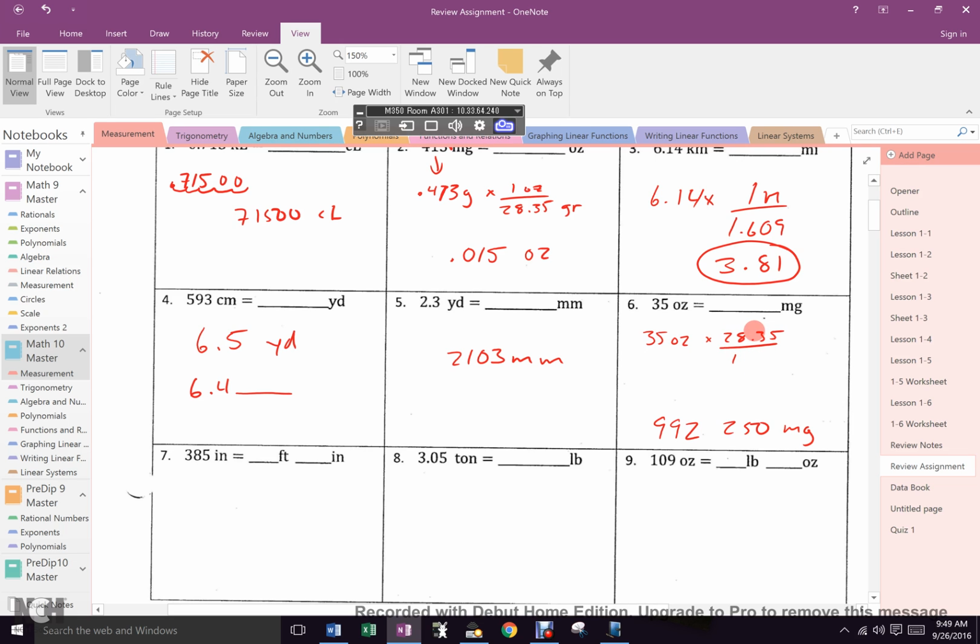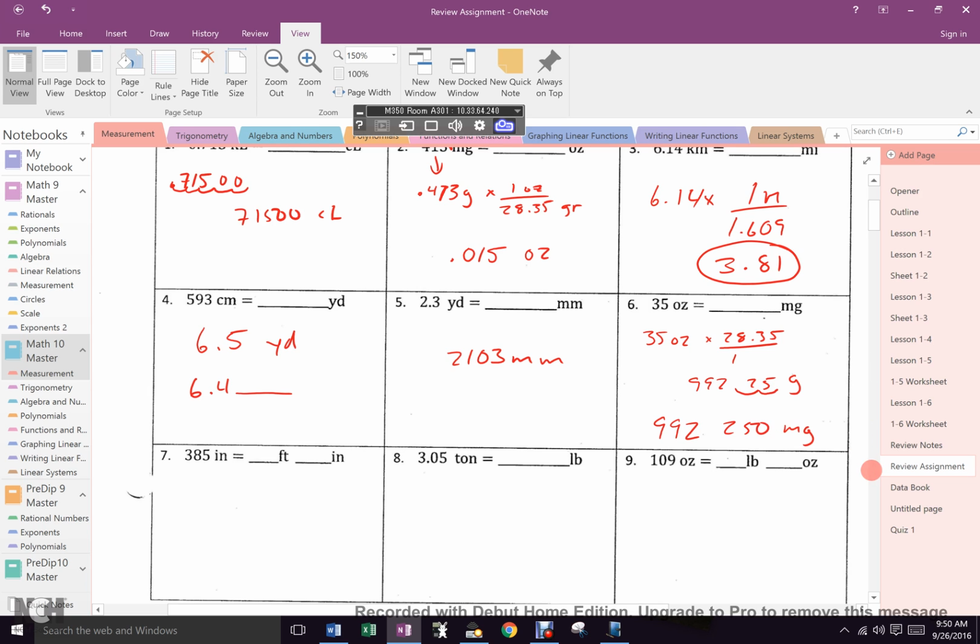So this is multiply. 35 times 28 got me 992.25 grams, yes? But I don't want grams, I wanted milligrams, so I had to move the decimal 3 spaces. 1, 2, and what goes in the empty spot? The 0. Cool?